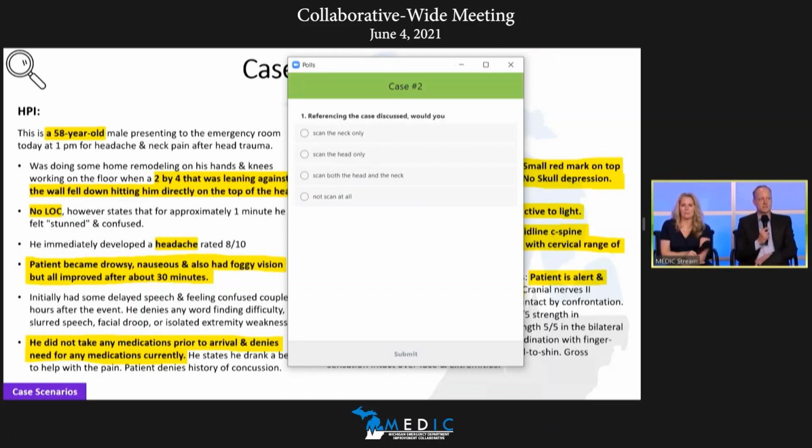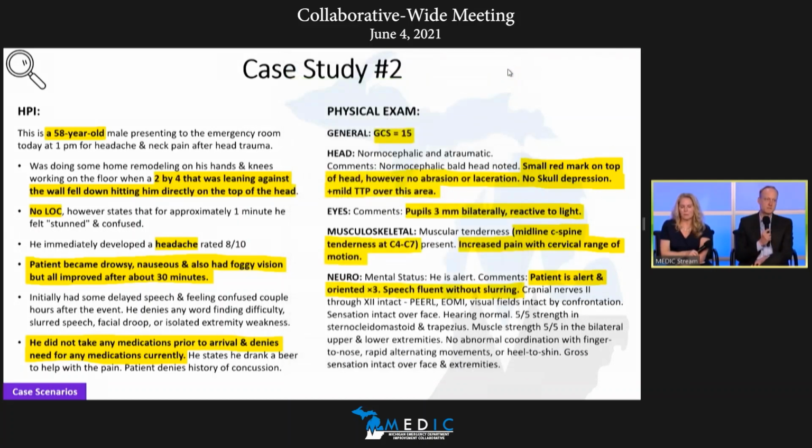So we're going to ask if you're going to scan one, the other, both, or none. And I'll just say too, within MEDIC, the evidence basis around the reason to scan the neck is not part of what we are in the business of doing. So we're not going to comment specifically on the evidence of that, but certainly it's part of the question when you're confronting this as a case.